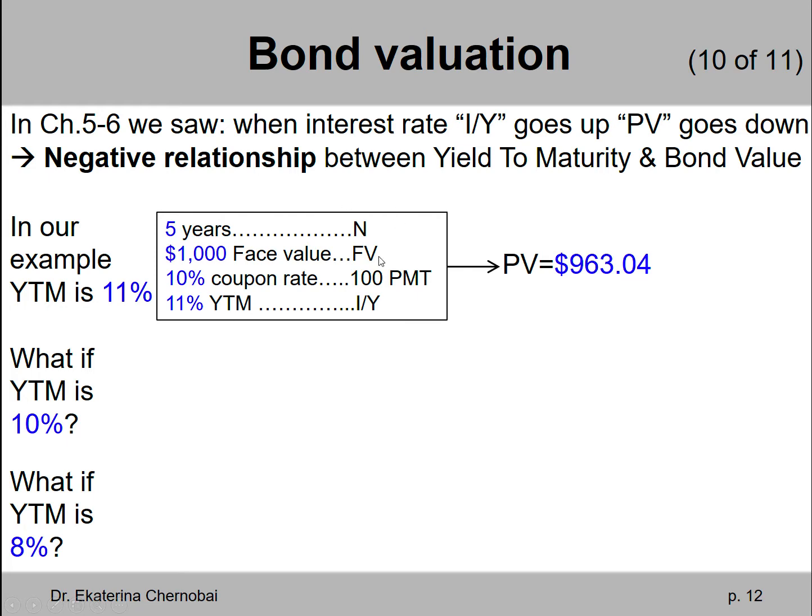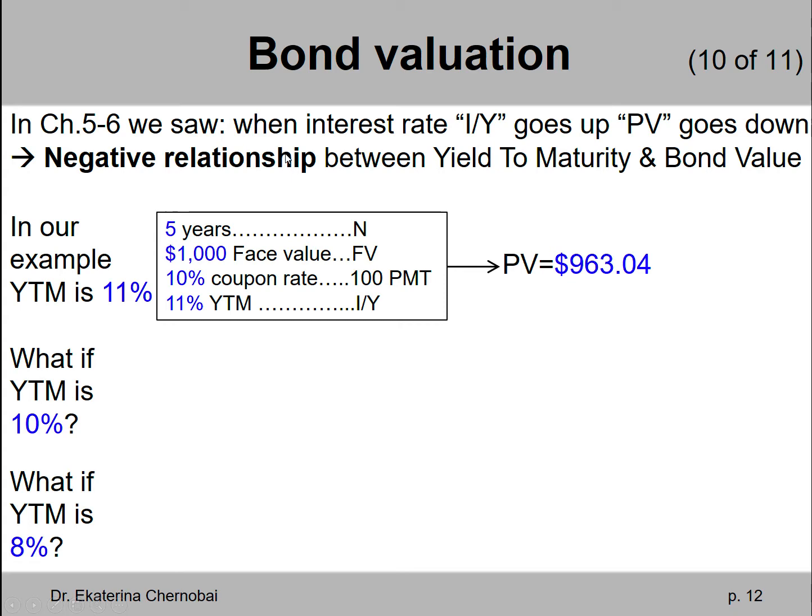What we just did was an example with the yield to maturity, the interest rate, of 11%. We had 5 years to maturity, $1,000 face value on the bonds, 10% coupon rate. And the present value that we found earlier was $963.04. What if we lower the yield to maturity from 11% to 10%?